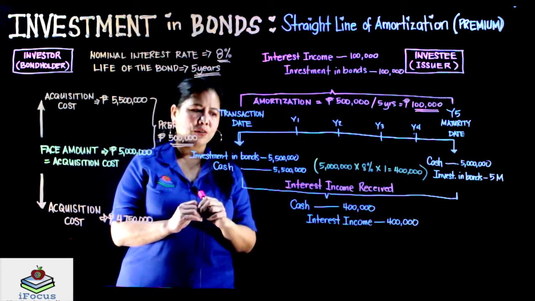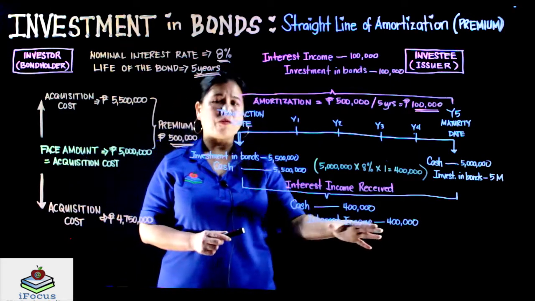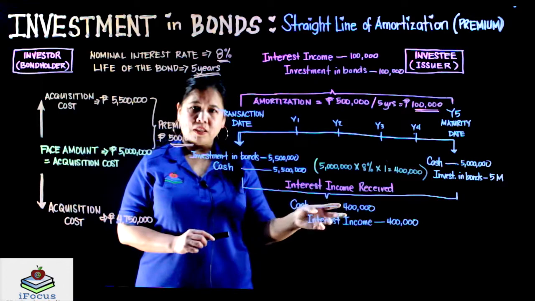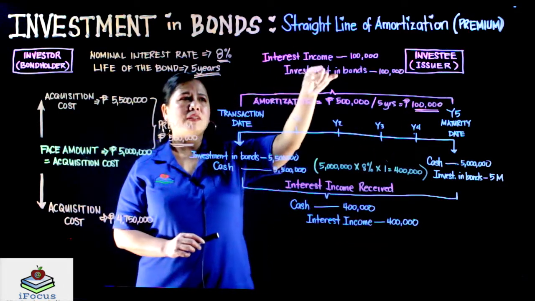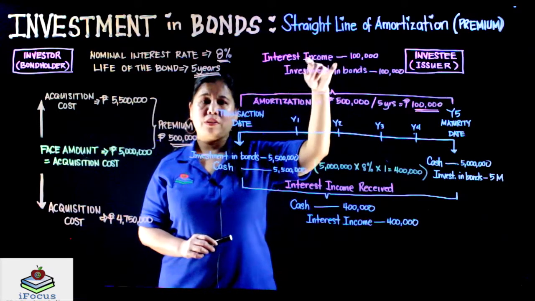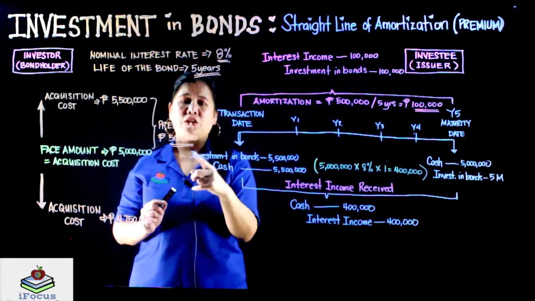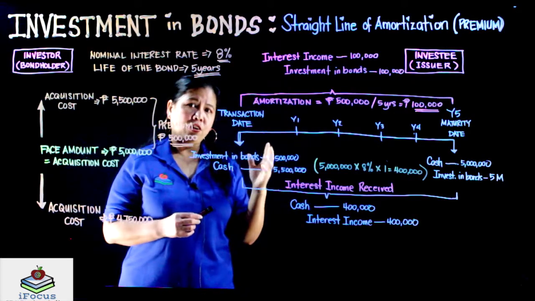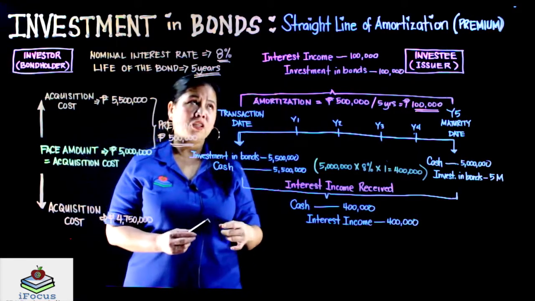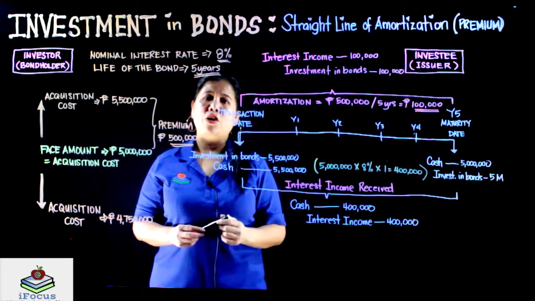Bakit 300,000? Meron siyang na-receive na 400,000 which is credited to the interest income of 400,000. Pero binawasan mo siya ng 100,000 dahil meron kang amortization ng yung premium o yung loss mo, ang income mo lang every year ay 300,000 using the straight line method of amortization.